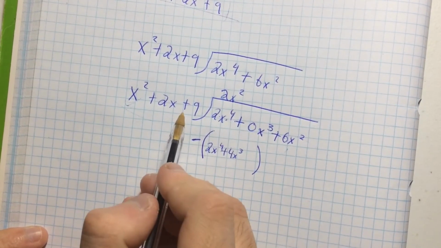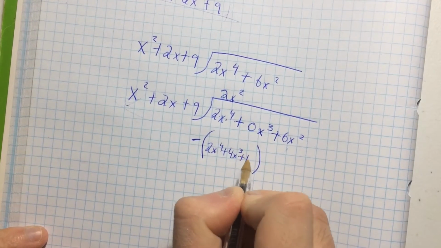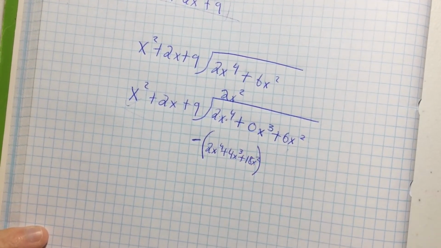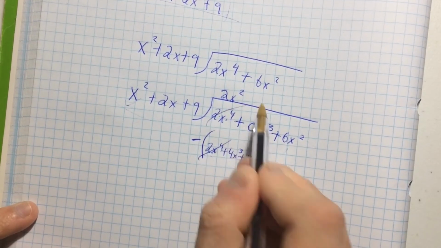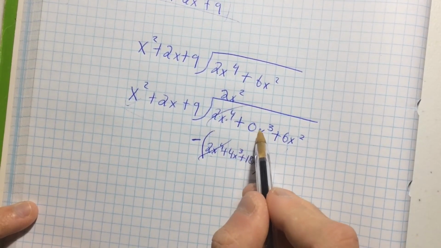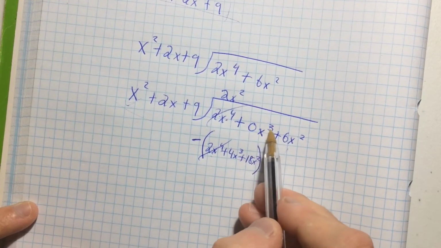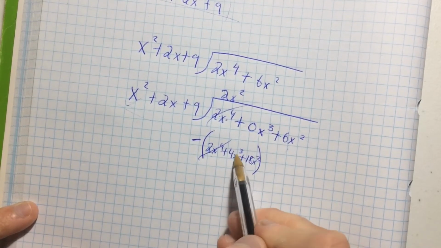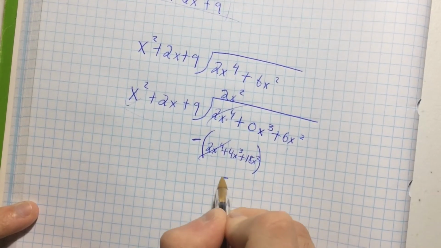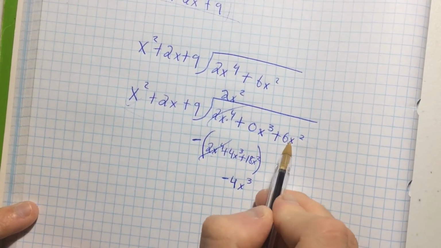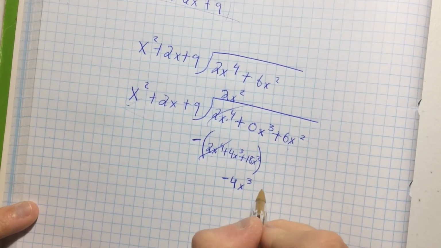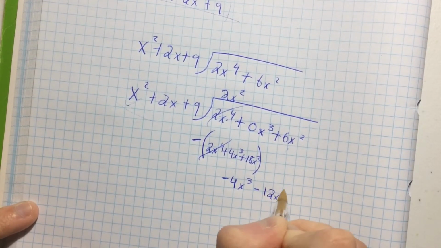Now 2x squared times 9 is 18x squared. Cool. Now 2x to the 4th minus 2x to the 4th, these guys cancel. 0x cubed, this is why this is helpful, because you're like, oh, 0 minus 4x cubed is just minus 4x cubed. Now 6x squared minus 18x squared is minus 12x squared.